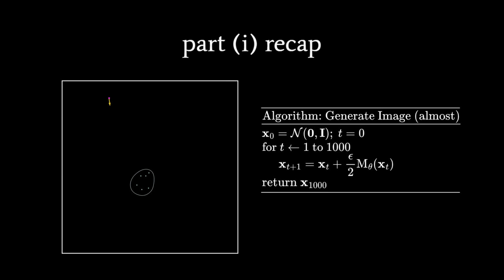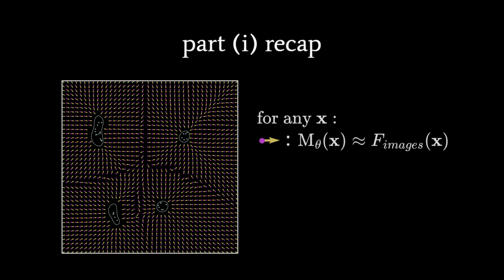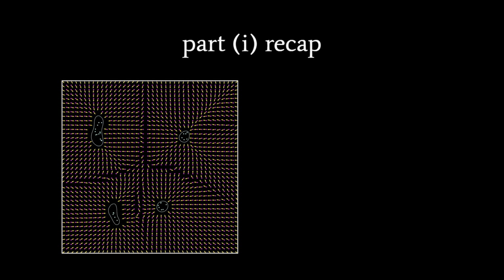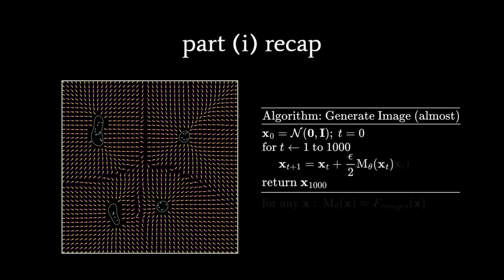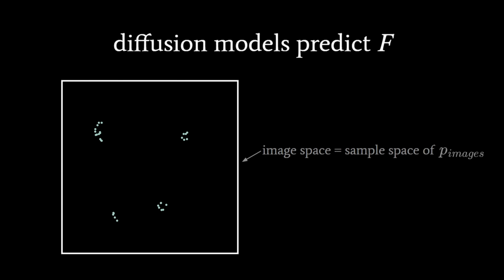At this point, we're ready to reveal the real meaning of the direction that the diffusion model predicts. It's secretly the gradient of the log PDF of the probability distribution of images, which is exactly the F term that Langevin sampling needs. And this is actually quite a natural interpretation just from the structure of image space that we explored in part 1.